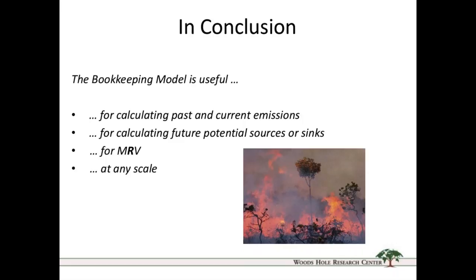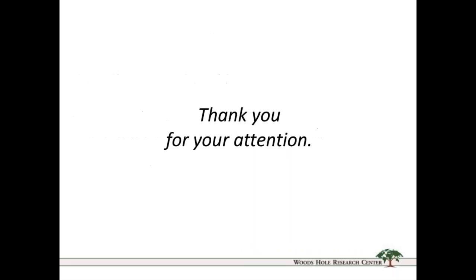Once you understand the changes in carbon on the land, you use this just to make a bunch of calculations, and they're generally easy to interpret or explain. It's not a model that has processes that are buried. It's pretty transparent. So with that, thank you.